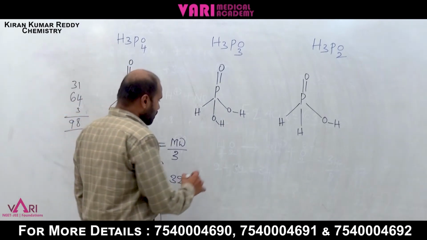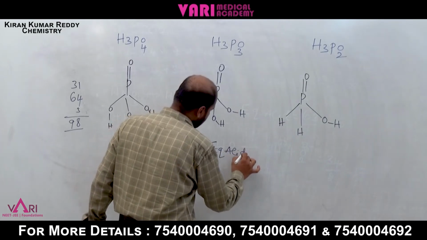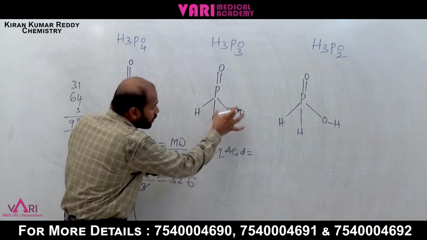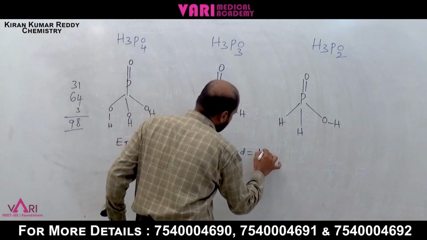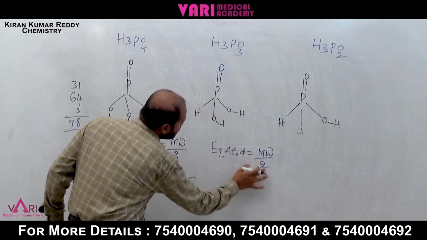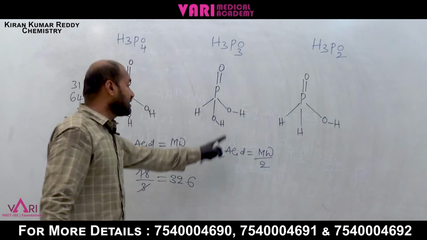Next, for the equivalent weight of this acid, how many hydrogens are joining with oxygen? 2 hydrogens are joining, so write molecular weight by 2. Why am I writing 2? Because the number of hydrogens joining with oxygen is 2.